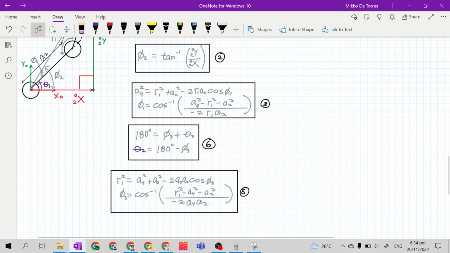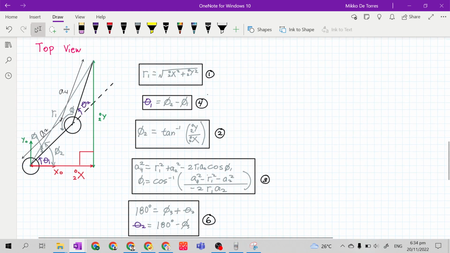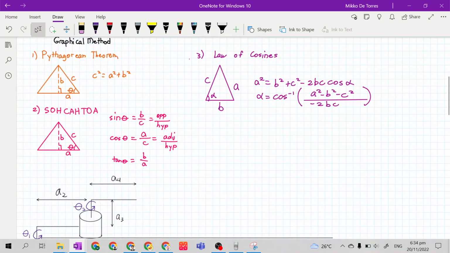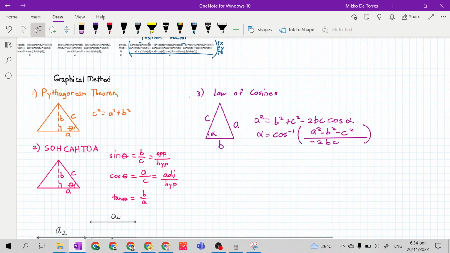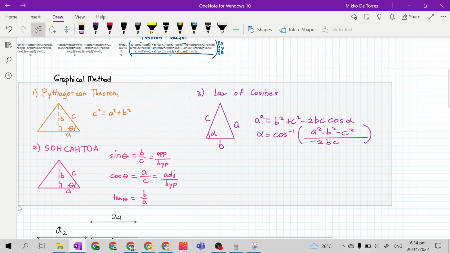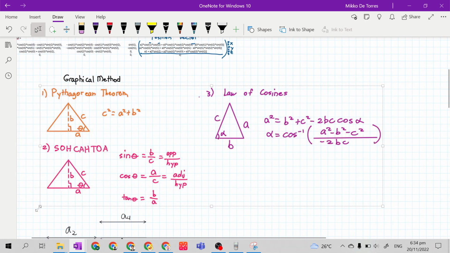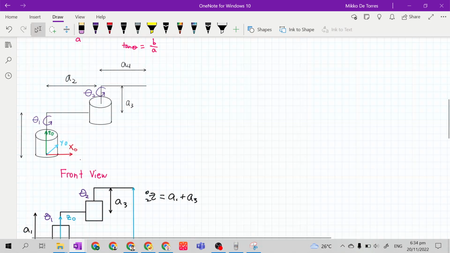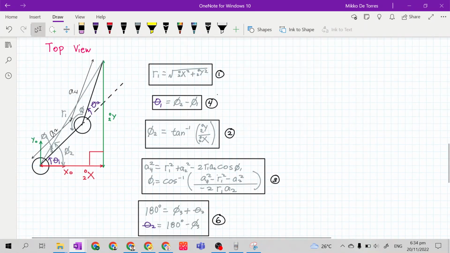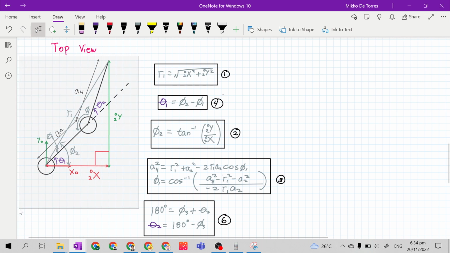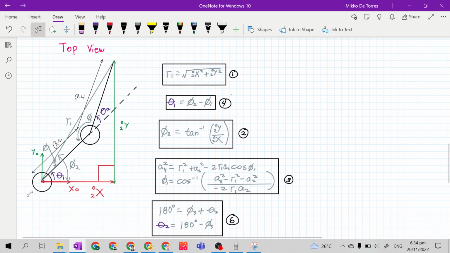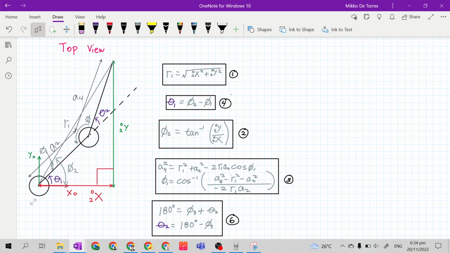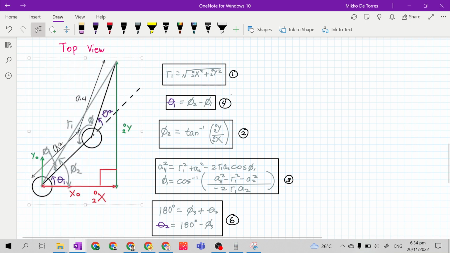So this graphical method requires your understanding again of Pythagorean theorem, Sohcahtoa, and law of cosines, as well as your practice of finding triangles in a given redrawn kinematic diagram.